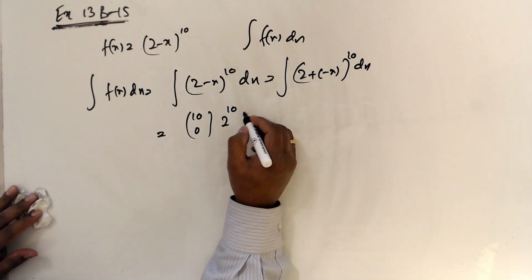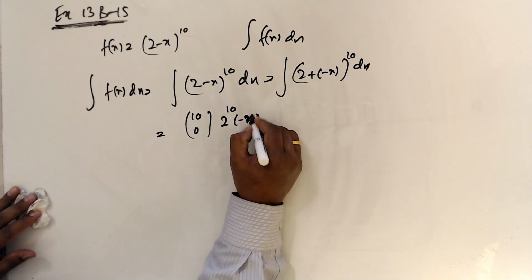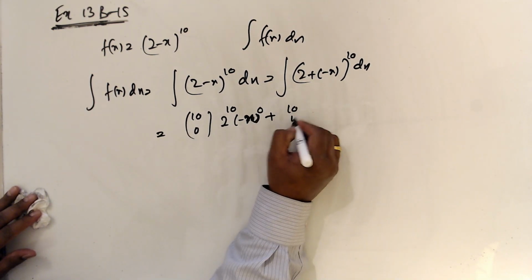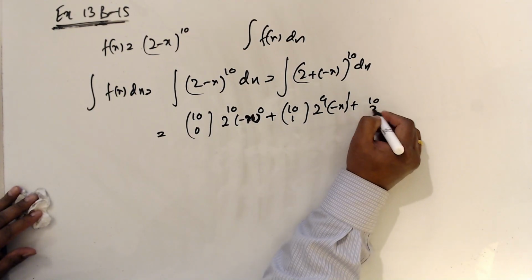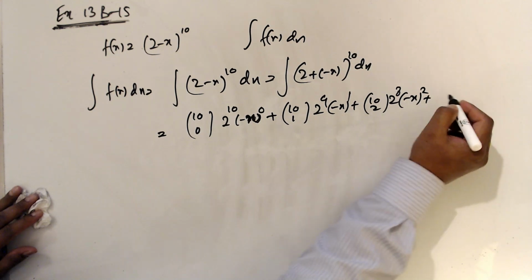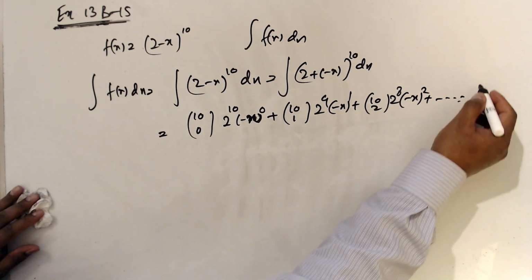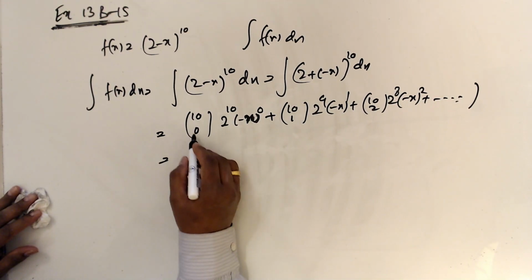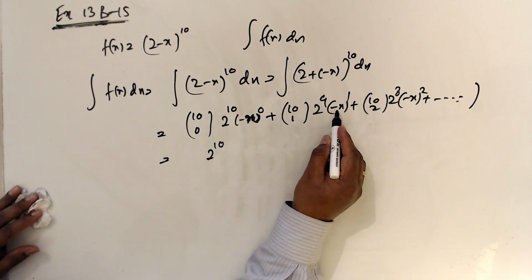Now I can write this: 10C0 times 2 to the power 10 minus x to the power 0, plus 10C1 times 2 to the power 9 minus x to the power 1, plus 10C2 times 2 to the power 8 minus x to the power 2, plus dot dot dot, because they give instructions that x cubed and higher powers are disregarded for small x. Any number to the power 0 is 1, so this is 2 to the power 10.